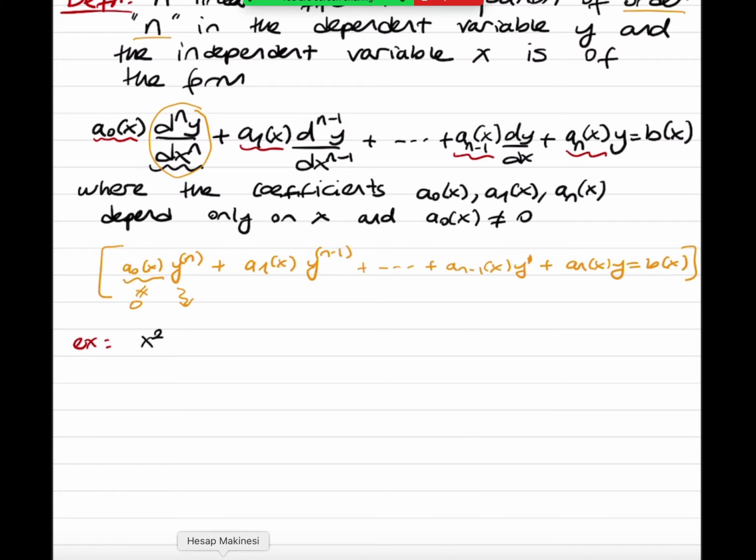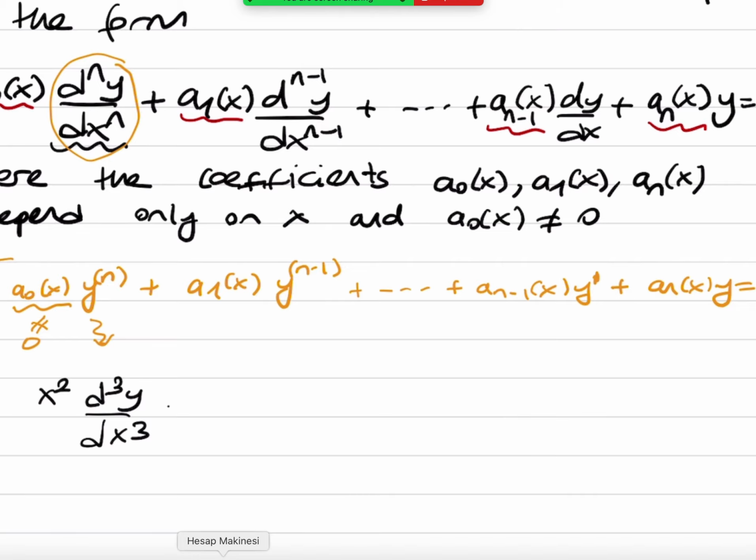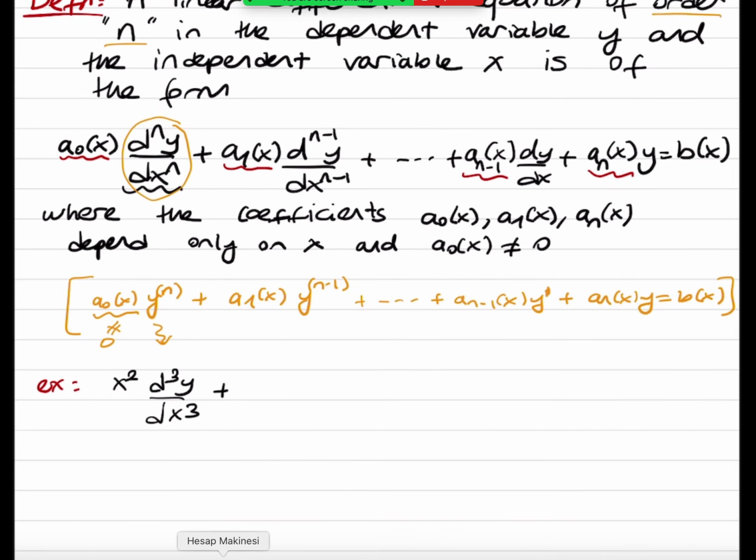Okay, let's look at this one. We have the third derivative plus cosine x times d square y over dx square, plus x y, equal to sine x square. This is a linear differential equation. There is no problem with that one.